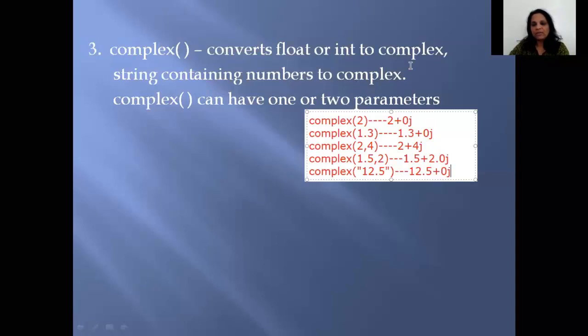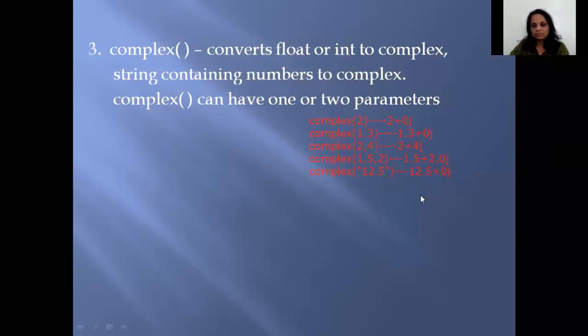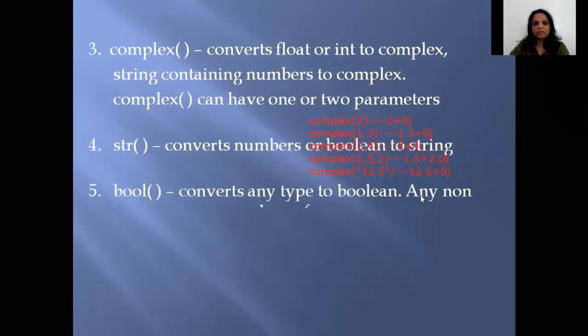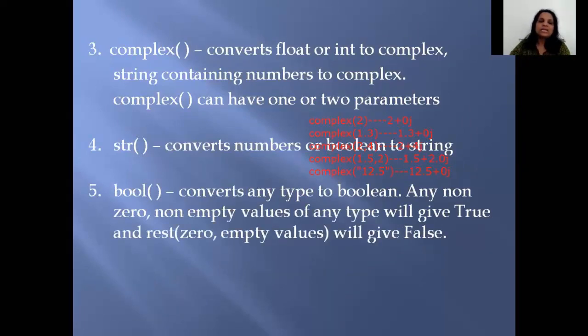Okay, so then what do we have next? Next we have str and we have bool. Str, what will it do? It converts numbers or boolean to a string. Let me just clear my annotations so things are not hidden. Okay, what do I mean?